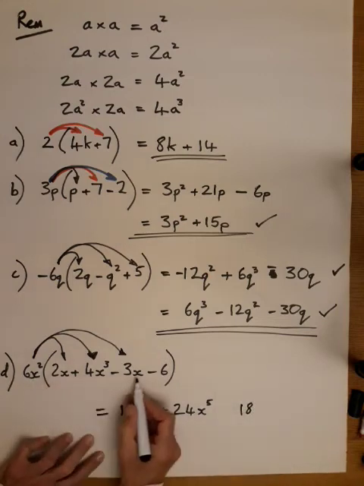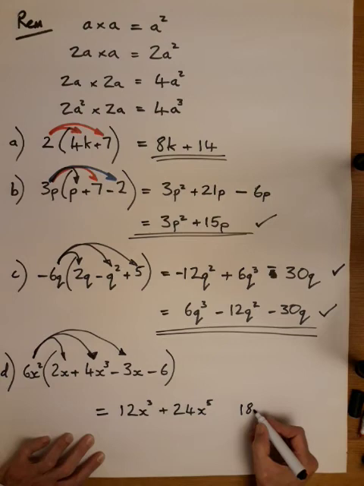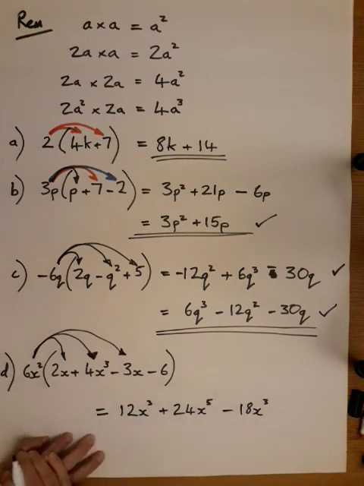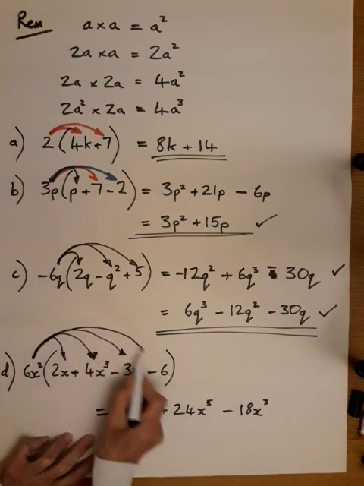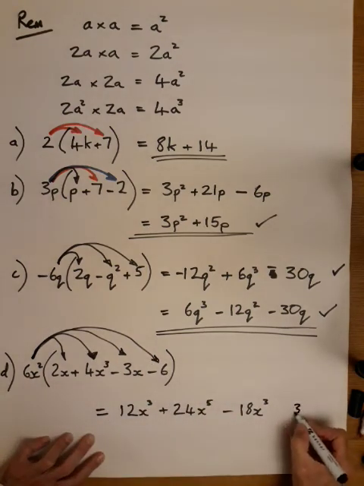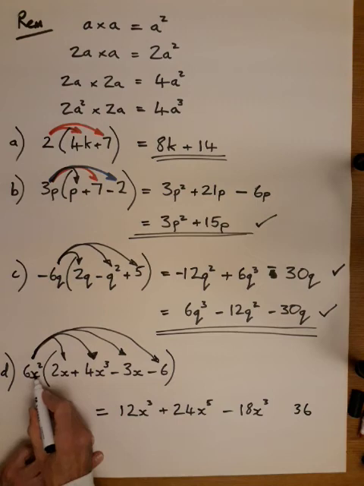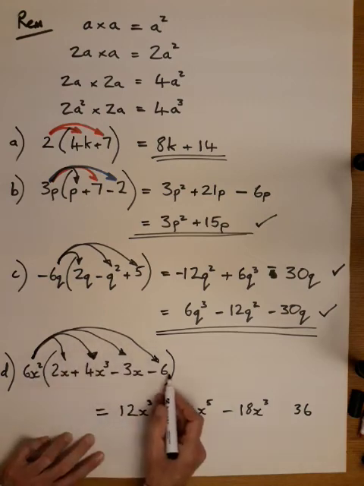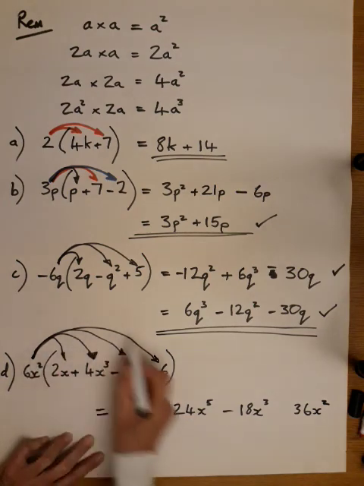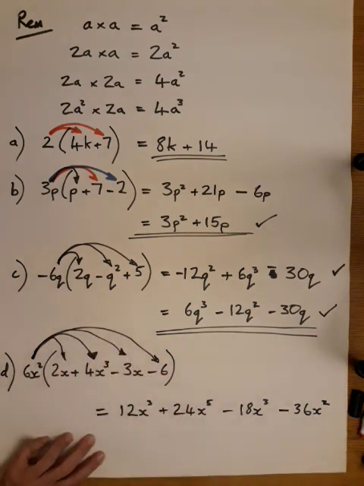X squared and x gives us x cubed, and it's a plus times a minus gives us a minus. The final term is that times that. 6 times 6 is 36. X squared, and there's no x's at all, so it's x squared, plus times a minus.